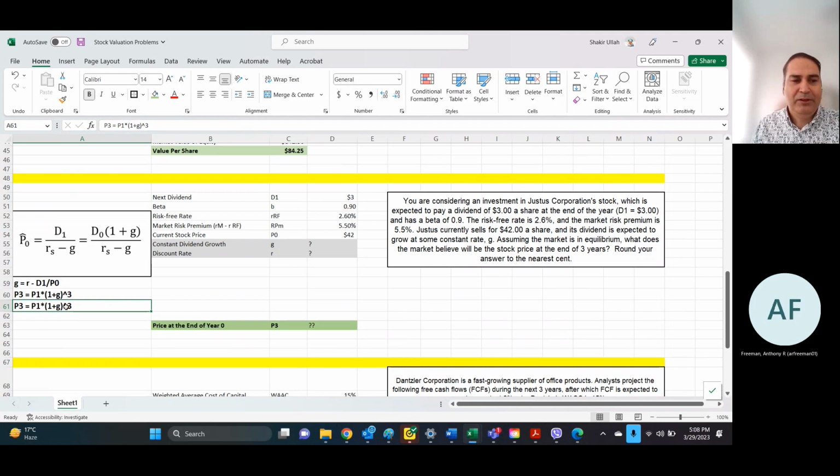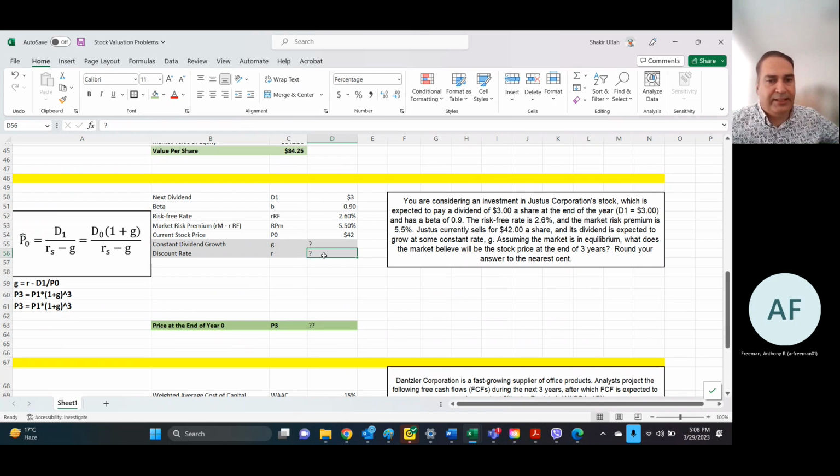We need this equation, for this we need G, which is not given, and to calculate G we need this formula, but then RS is not given. So first we need to find RS, the required rate of return on the stock, and we have enough information to find it.